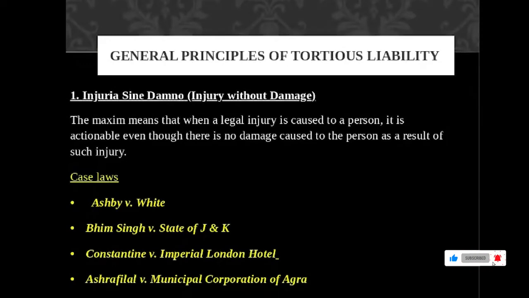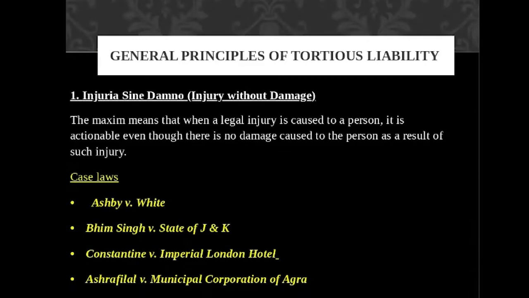The next case is that of Constantine versus Imperial London Hotel. That's a 1944 case. In this case, the plaintiff was a West Indian cricketer and he reserved a room in the defendant's hotel. They could not provide the room demanded and they arranged another room in another hotel.